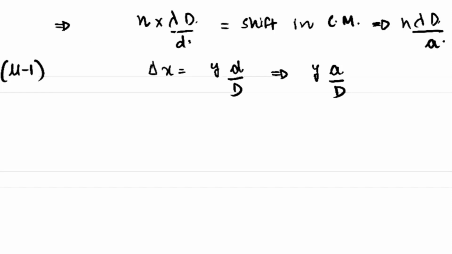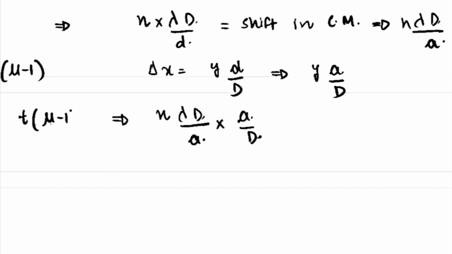The value of y is the shift in the central maxima. So instead of y we put this shift, n lambda capital D by a, into a by D, and this equals t times mu minus 1.